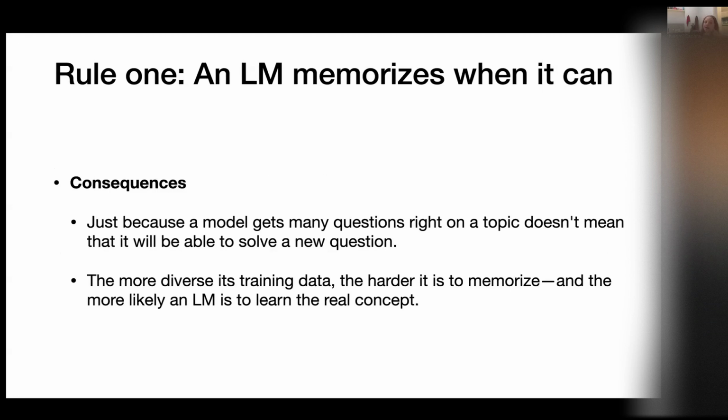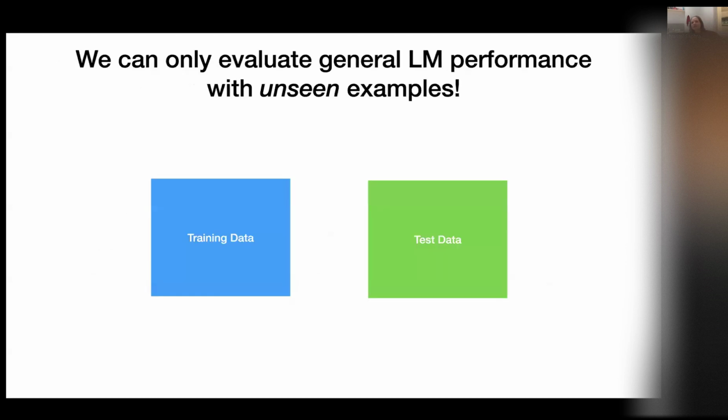The more diverse its training data is, the harder it's going to be to memorize, and the more likely the language model is to generally understand that concept. So in general, we're only going to be able to really evaluate the language model's performance by giving it unseen examples. It sees certain data during training, which it learns from, and then we have to show it different data in order to test it, right?